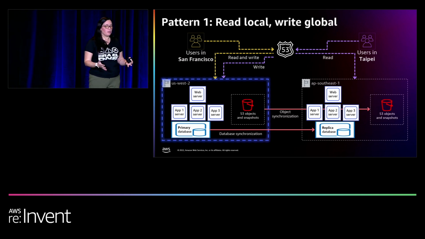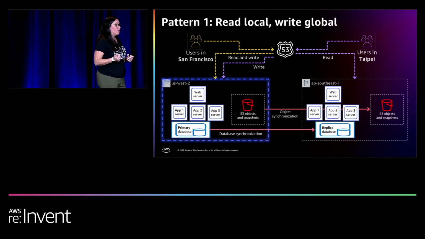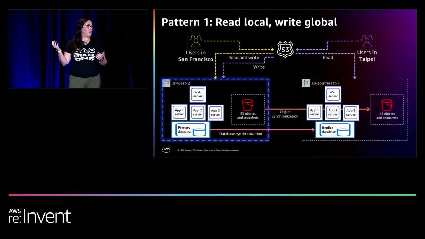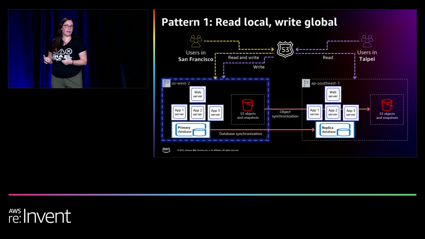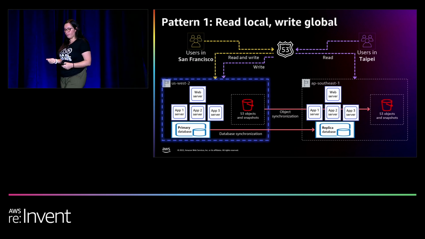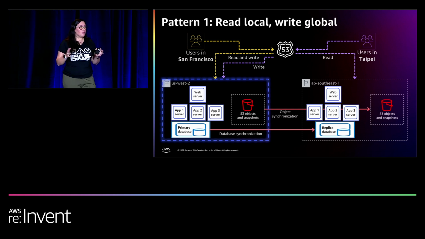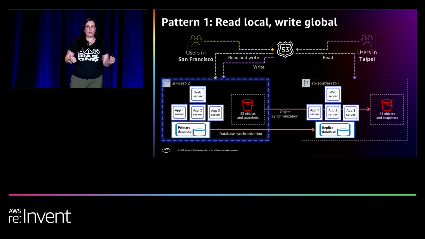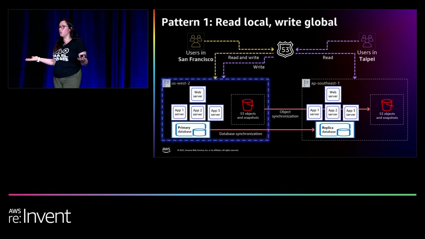This is a great pattern. The thing is, if the users in Taipei read too fast, they might not get the latest version that was written. So here we have a consistency issue. But the good thing is this applies for patterns that don't have that many writes, like authentication.